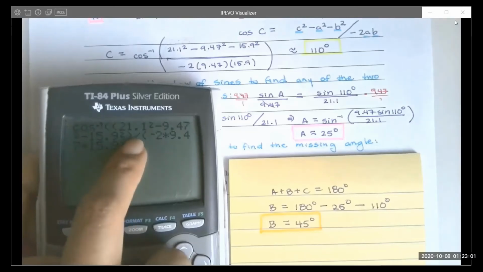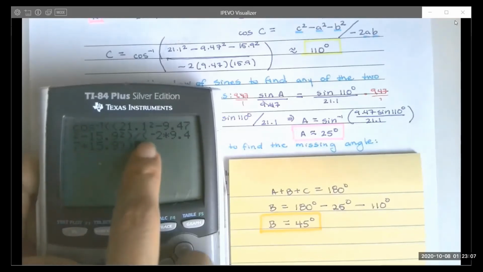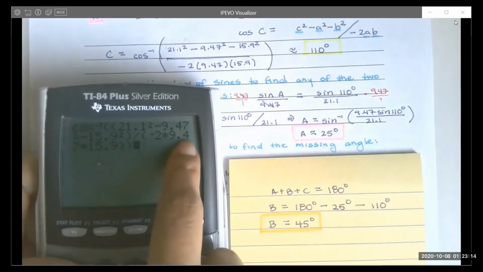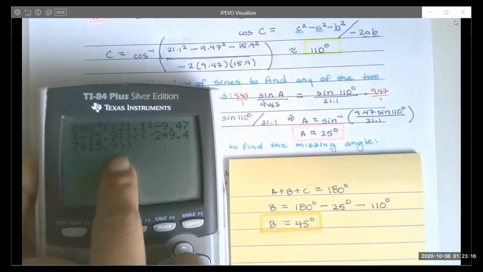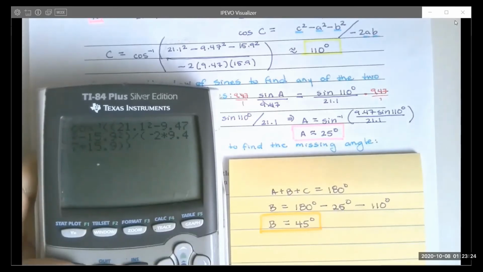At that point, you want to close the numerator and then have divided by, and then again, I have an open parenthesis for the denominator, the negative 2 times 9.47 times 15.9. I'm closing the denominator, and then finally I close the cosine inverse. Oh, perfect. Thank you. It was the denominator that was messing me up.